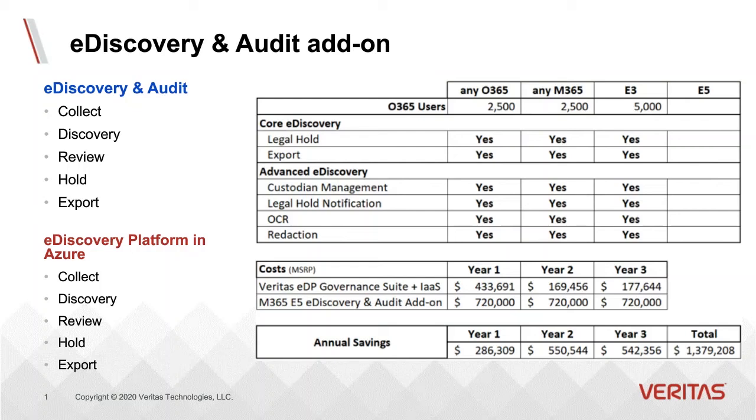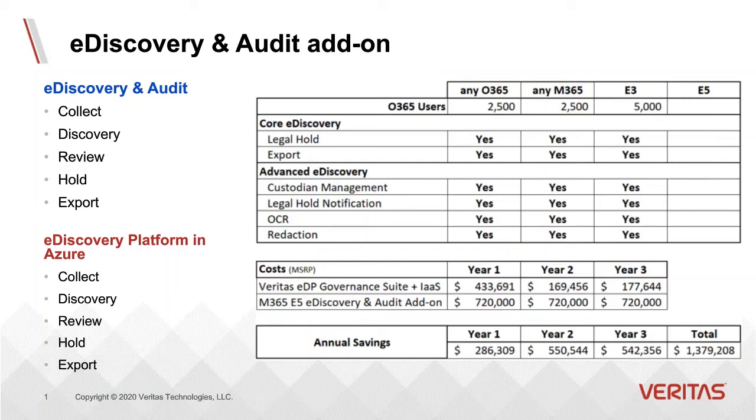And why does it go down? Well, it's because it's a perpetual license, and you're just paying for maintenance and the ongoing infrastructure as a service costs. Whereas with the Microsoft 365 E5 eDiscovery and Audit add-on, you're going to pay the fee per month, per user, that you need to discover against for the whole year. That's $720,000.